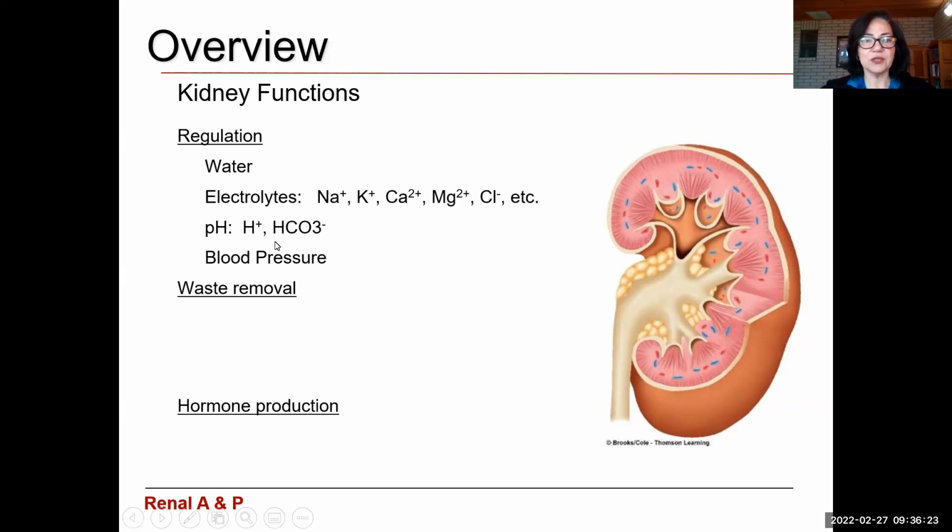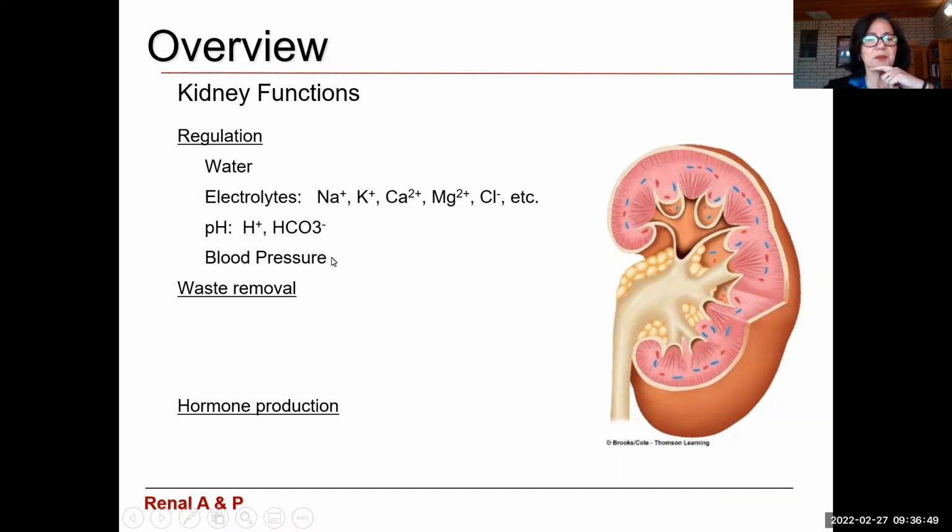And the way that kidneys do this is if the blood is too acidic, if the pH is too low, the kidneys can pee out some hydrogen ions. If the blood is too basic, then we retain the hydrogen ions and get rid of the bicarbonate ions in the urine. Awesome trick.